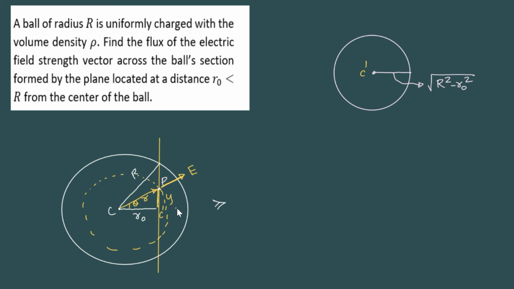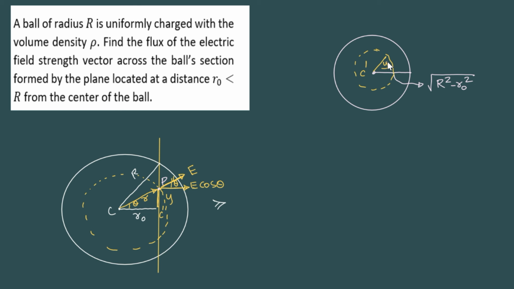When we are trying to calculate the flux, we don't need the entire electric field. We need the electric field component which is perpendicular to this area. So we want an electric field that is pointing to the right. If this is theta, we want E cos theta. Now, if you take a circular region of radius y, at all points on this circle we are interested only in the electric field component that is pointing towards us.